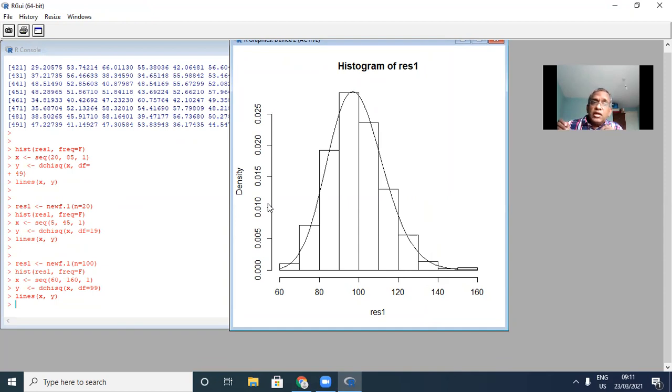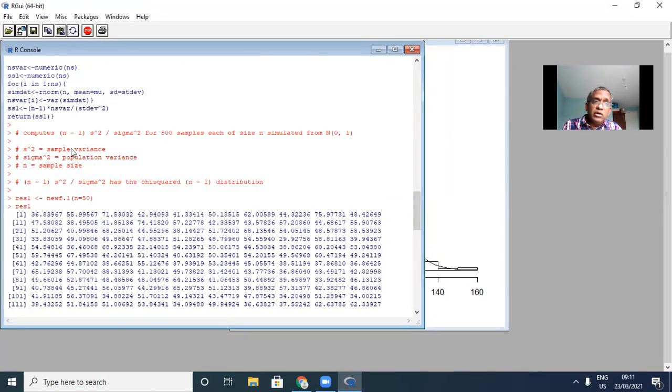And for each of the 500 samples, it computes the sample variance. So it computes this statistic for each of the 500 samples of size n. Right? n can be any number, right?